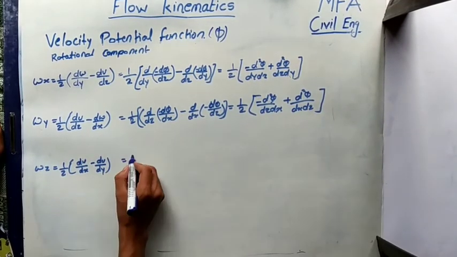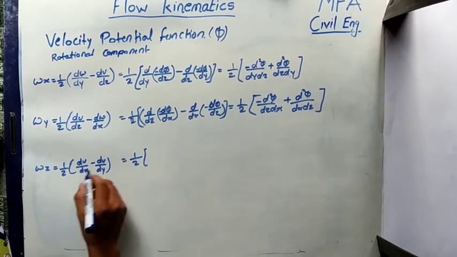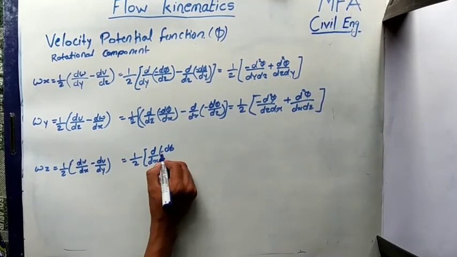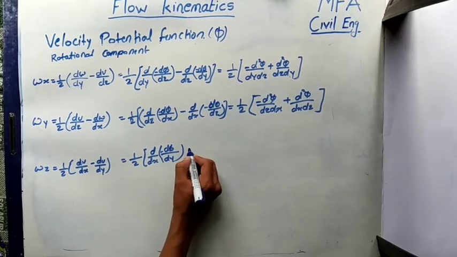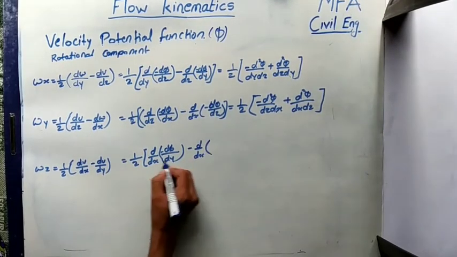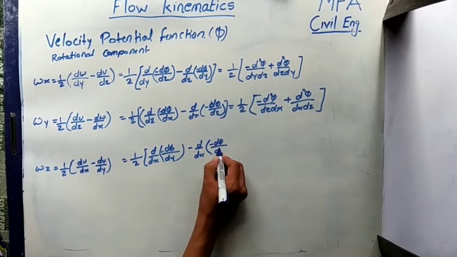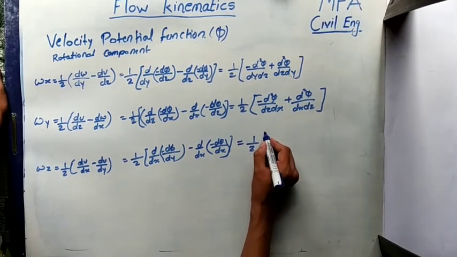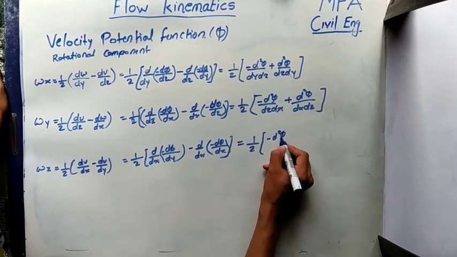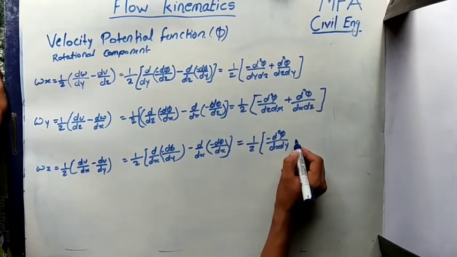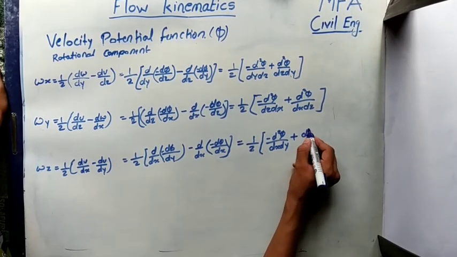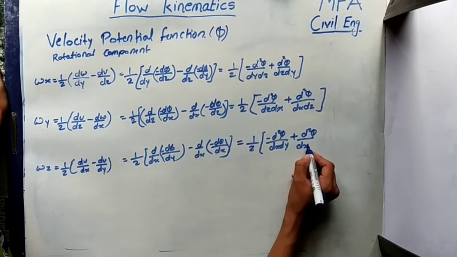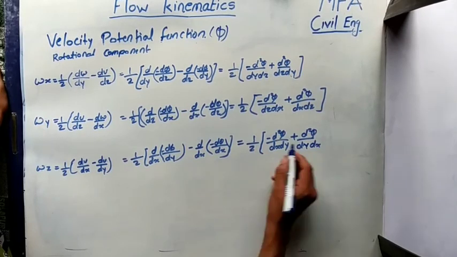Similarly, for the rotation about the third axis, taking 1 by 2 common, d by dx of v, where v is minus d phi by dy, minus d by dy of u, where u is minus d phi by dx, which is equal to 1 by 2 of minus d2 phi by dx dy, minus minus becomes plus d2 phi by dy dx.